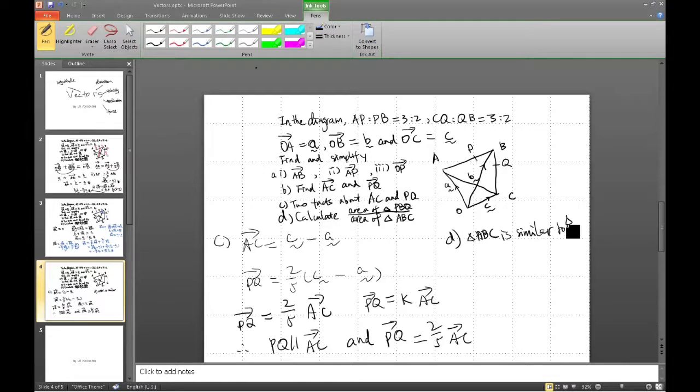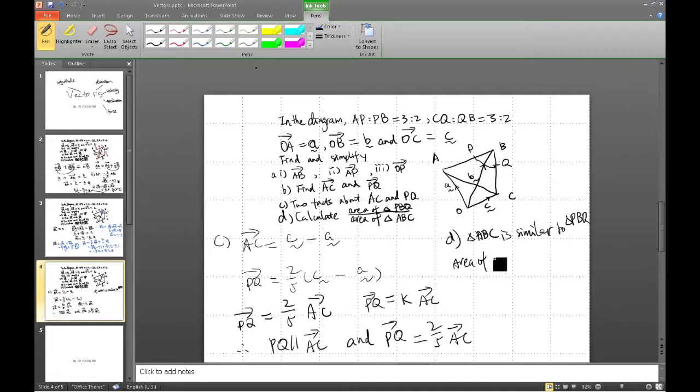Area of triangle PBQ. Triangle ABC is actually similar to triangle PBQ, and I'm going to highlight these two triangles for you.